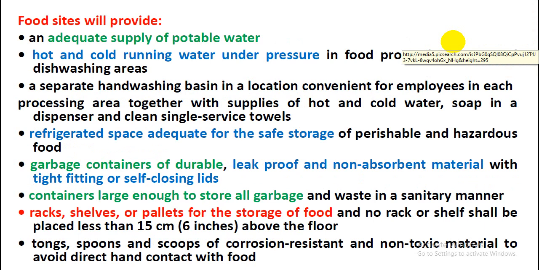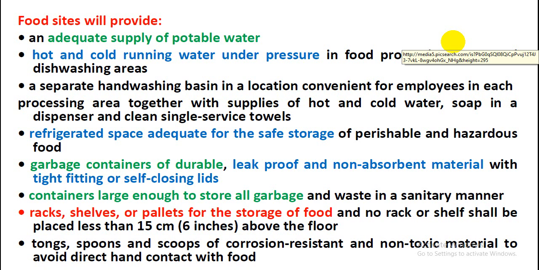Also, as a manager and quality assurance manager, you have to consider some criteria for the food sites. That means each food site, food manufacturing place, factory, or food establishment, should provide the following.